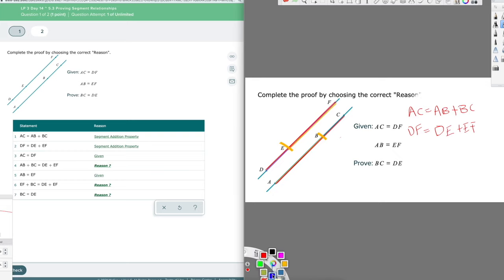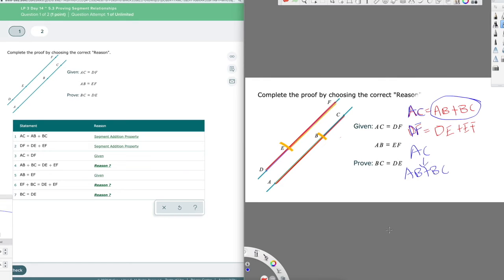And one thing they noted, so the given was that AC equals DF, so we know that AC equals DF. And then the very next one, instead of having AC, what they did was they replaced AC with AB. So I know AC is the same as AB plus BC. So they just replaced it.